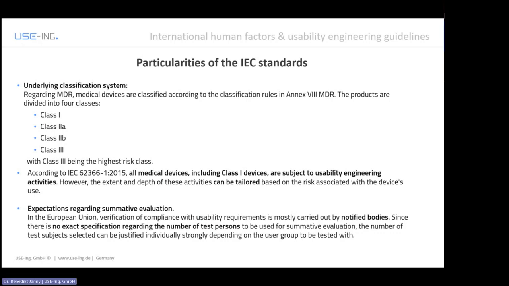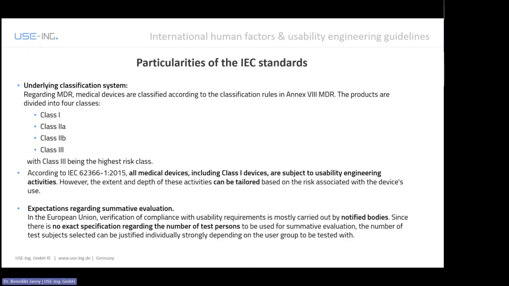It is interesting to note that the IEC 62366, in contrast to other guidelines, does not lay down specific numbers. However, there are references to other guidelines and studies that other guidelines also reference.